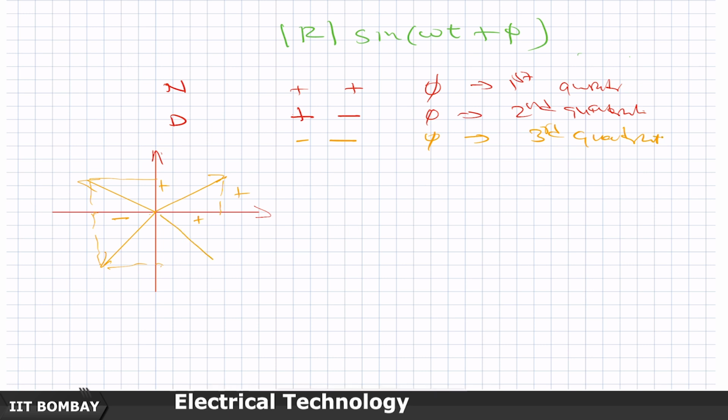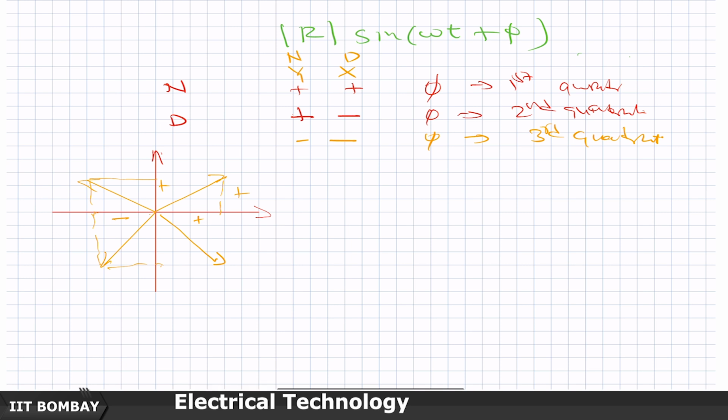And if you are in the fourth quadrant, then this is the projection on the x-axis, this is the projection on the y-axis. I'm sorry, I have written it the other way, right? Numerator denominator, so y over x. So if both numerator and denominator are positive, then it is in the first quadrant.